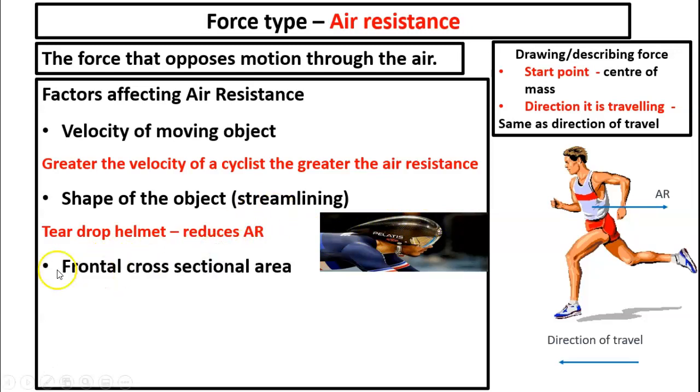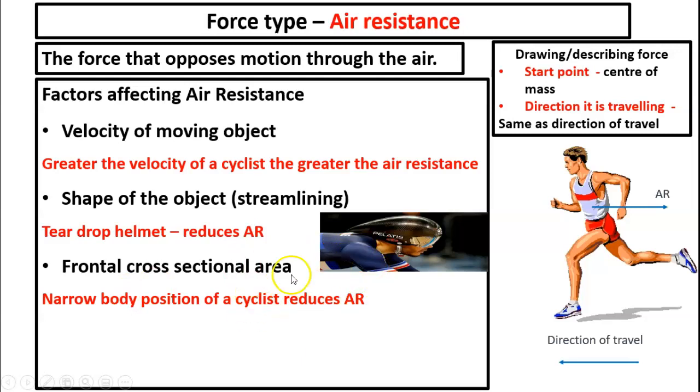On top of that, frontal cross-sectional area is a key factor that affects air resistance. What I'm sure you can imagine is that the bigger the frontal cross-sectional area, the greater the air resistance. So what people tend to do is try to narrow their position. For example, a cyclist will narrow their body position in order to reduce air resistance.